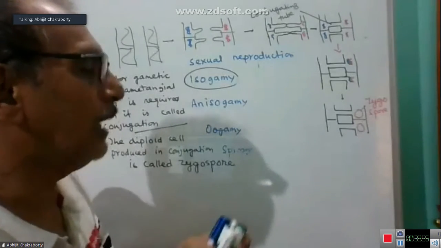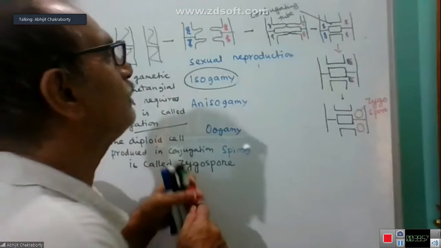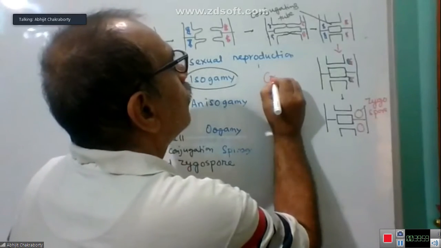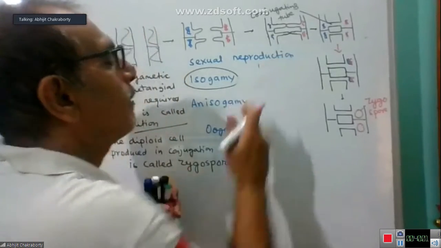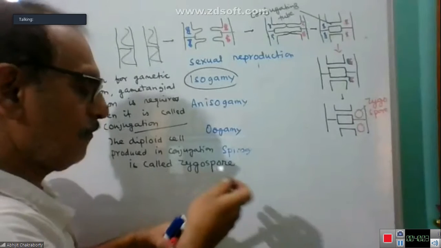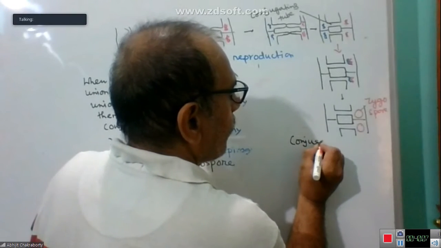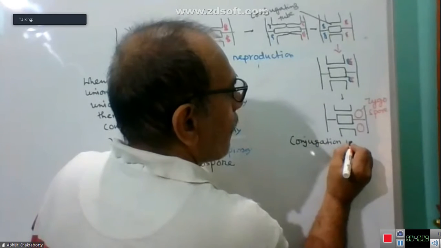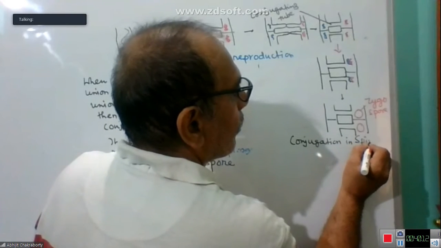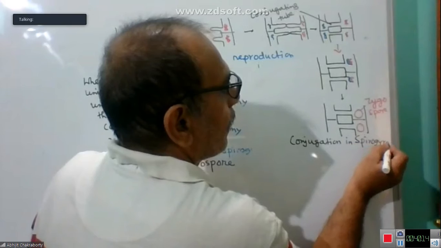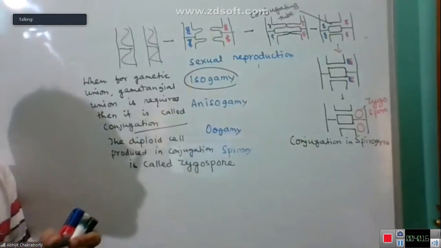This is how conjugation happens. What I said here is most important: conjugation is pyroglycan.